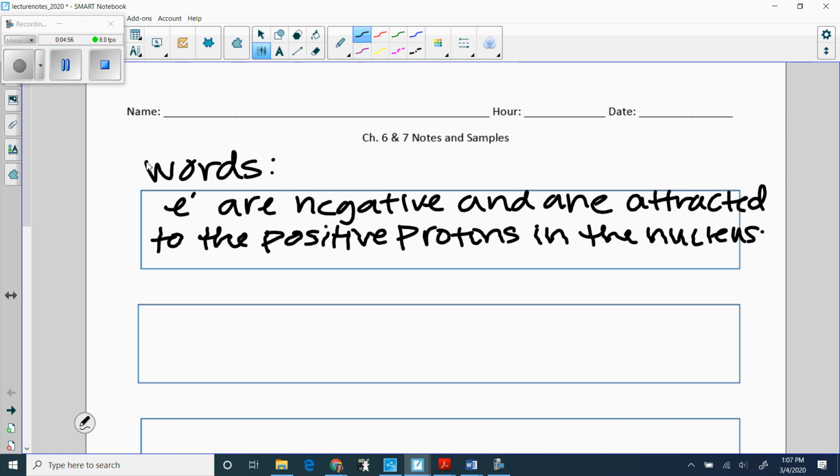Vocab word. This is called Coulombic attraction. I'm going to do vocab words in red.